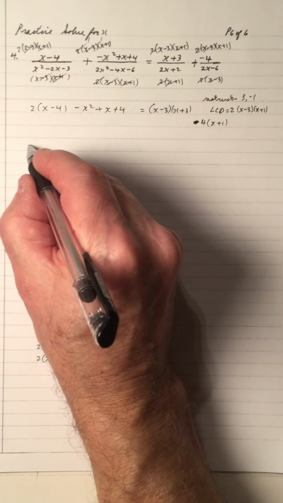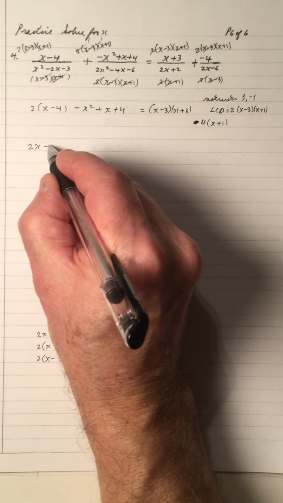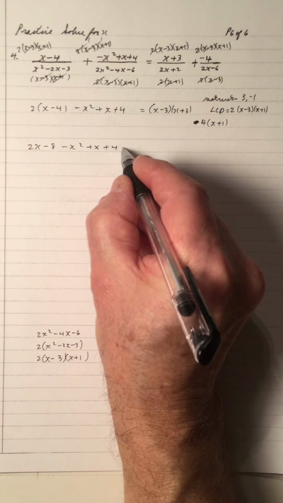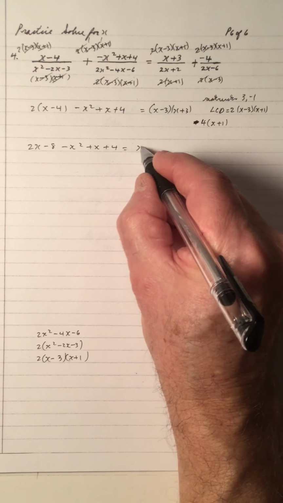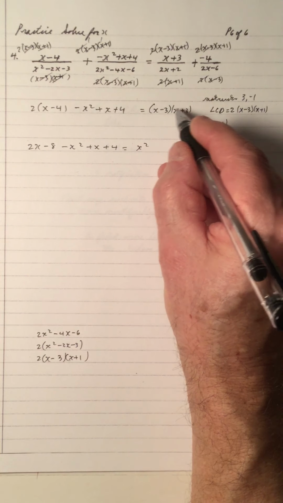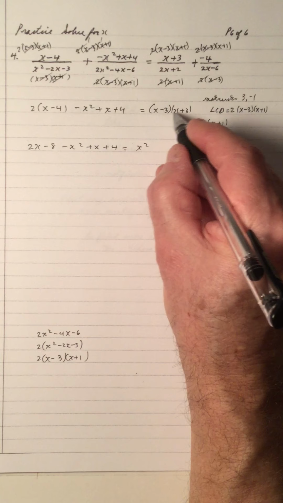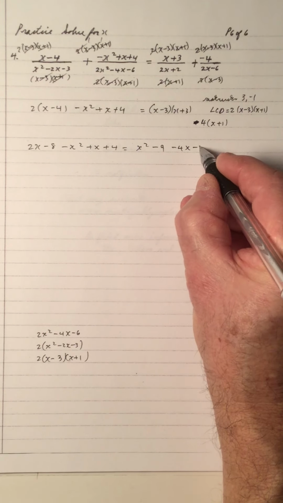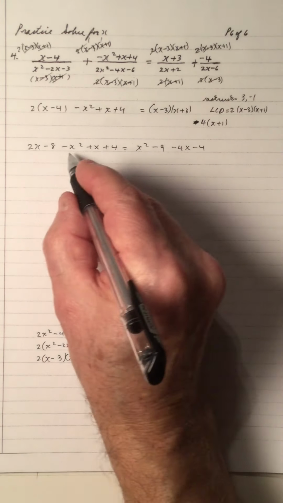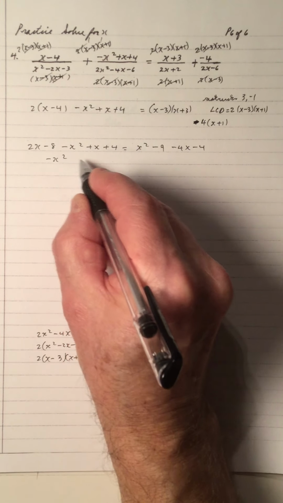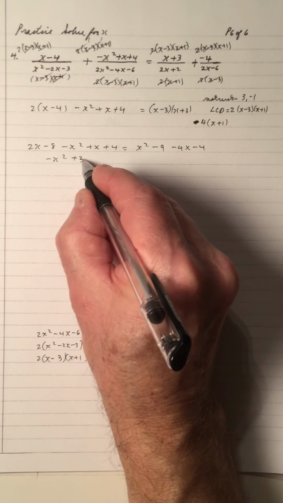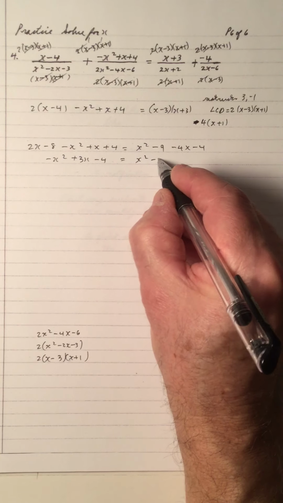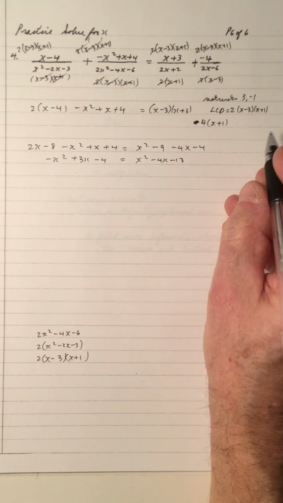Now let's multiply. 2 times x, 2 times 8, negative x squared plus x plus 4. FOIL on this is x squared, and again, that's a plus 3x minus 3x is 0, so that's a negative 9. Negative 4x minus 4. And tidy up this side, negative x squared plus 3x minus 4. Tidy up this side, x squared minus 4x minus 13.